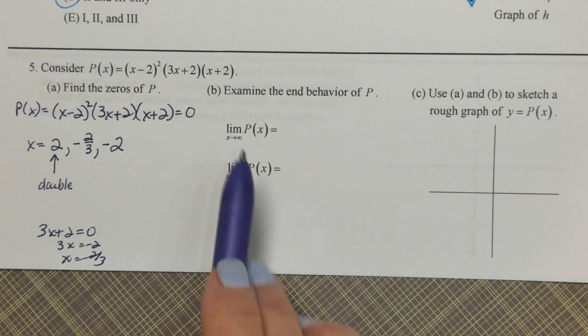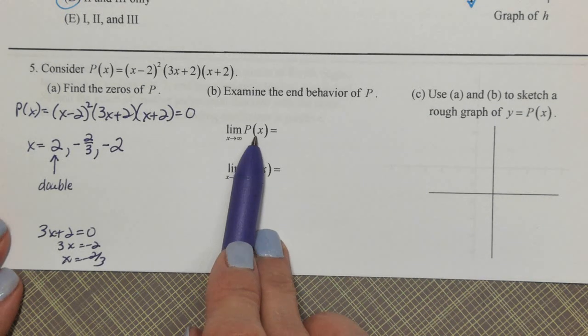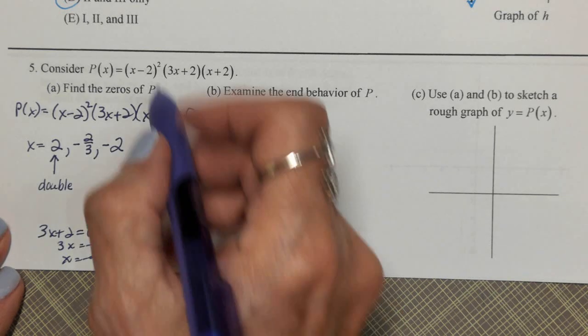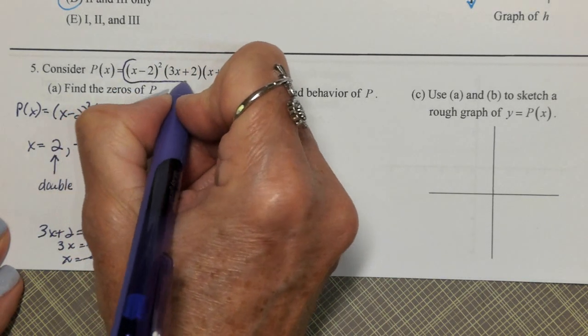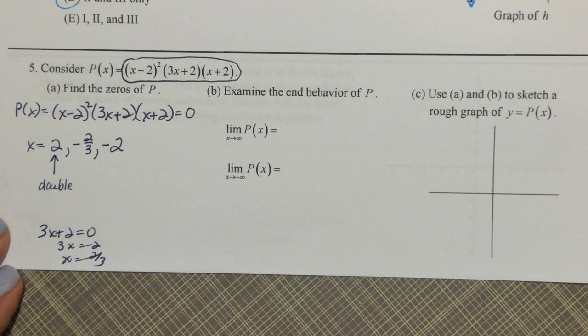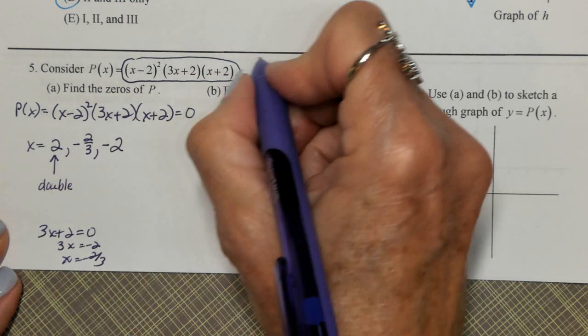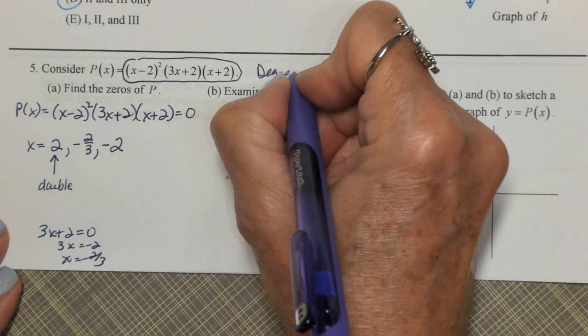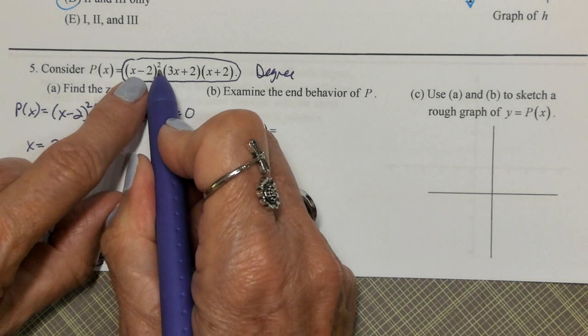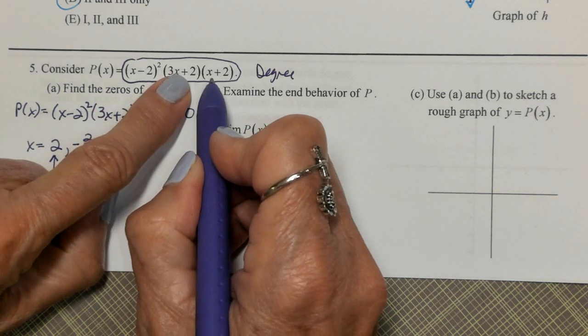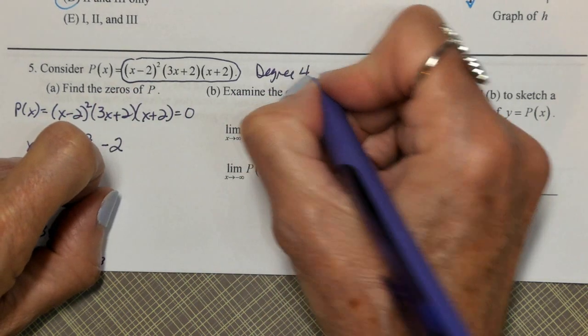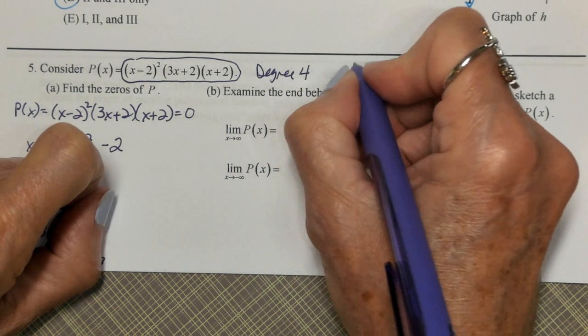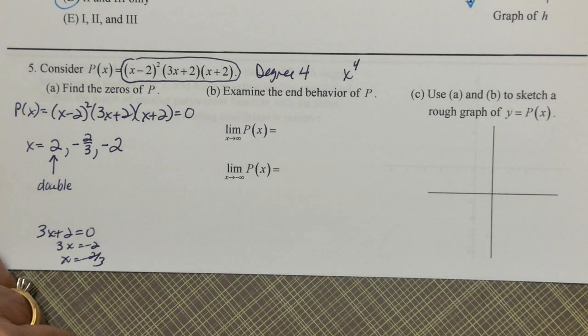As x approaches infinity, what is p doing? All right, you guys, what is the degree of this? This would be an x squared, this would be a single x, this would be a single x. The degree is 4. So this is an x to the 4th polynomial. What sign is the lead coefficient?